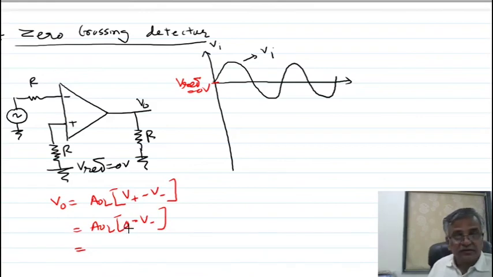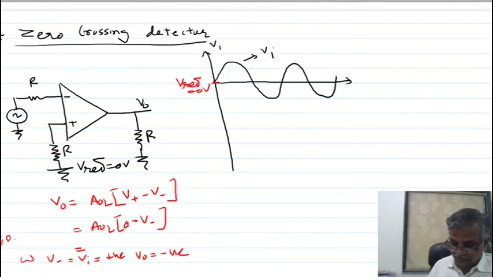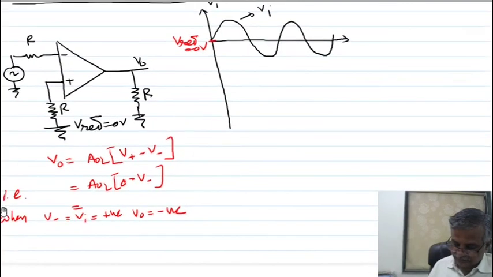What does it mean? When Vi is positive, output is negative. That is, when V minus, that is Vi, is positive, Vo is negative. Now when V minus, that is Vi, is negative, output is positive.